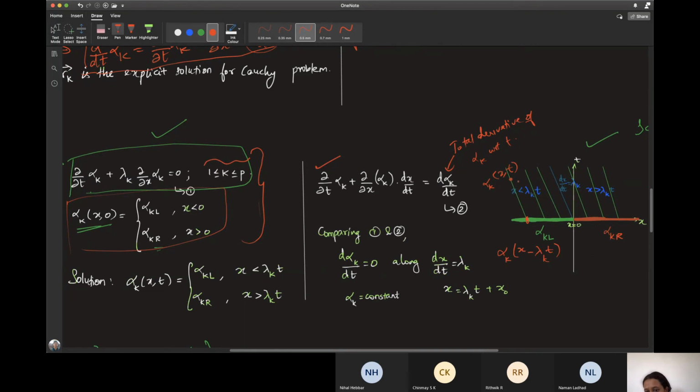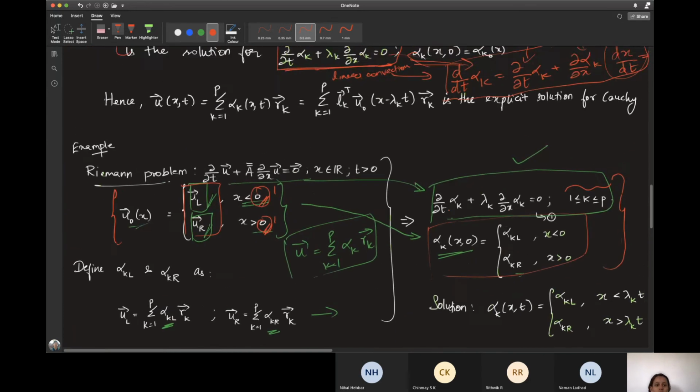Because each of these lines has dx by dt equal to lambda k. So this point can be written as x minus lambda k t comma 0.